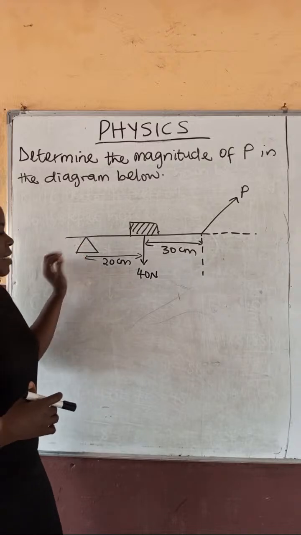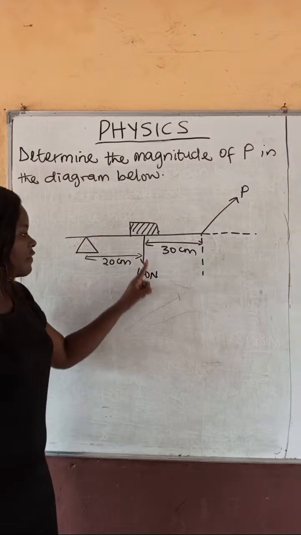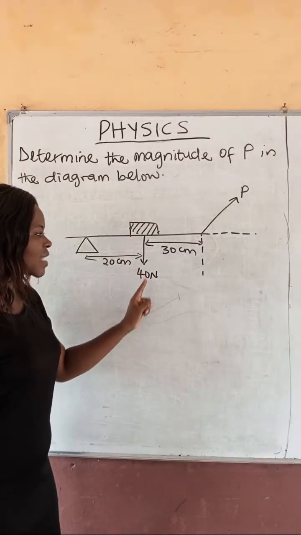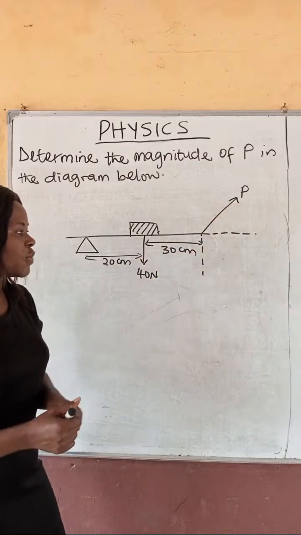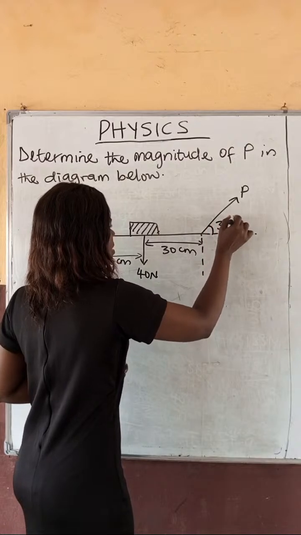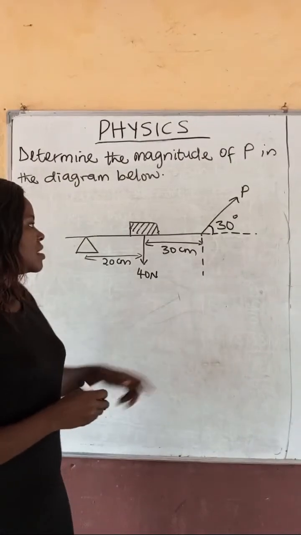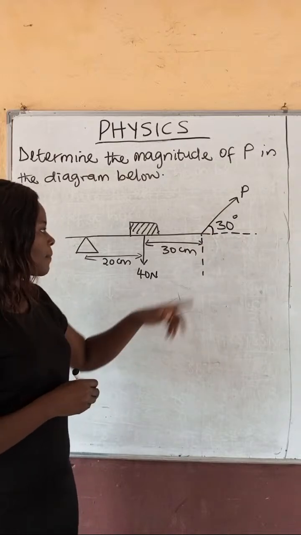This is the fulcrum or the knife edge. This is the force of 40 Newton, the weight acting down. But we have this P going this way, so it is resolved at an angle of 30 degrees. Include it, please.